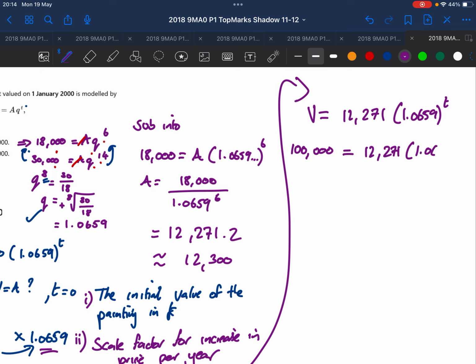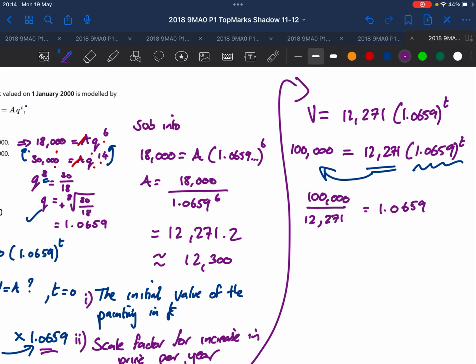That works quite nicely. So the main thing we need to do is recognize that this part needs to be in the denominator, and then we'll need to use some kind of log on handling this part here. Okay, so if I did 100,000 over 12,271, that will equal this number here. Logs, so using log base 1.0659 would be quite an unusual thing to do, and you have to be a little bit careful when you use logs of unusual bases.